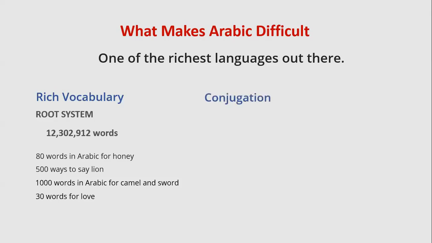Also, Arabic is difficult in terms of conjugation. When I say conjugation, it means we have several cases, like nominative, accusative, or dative. And more we cannot mention now, so we can study them later on.